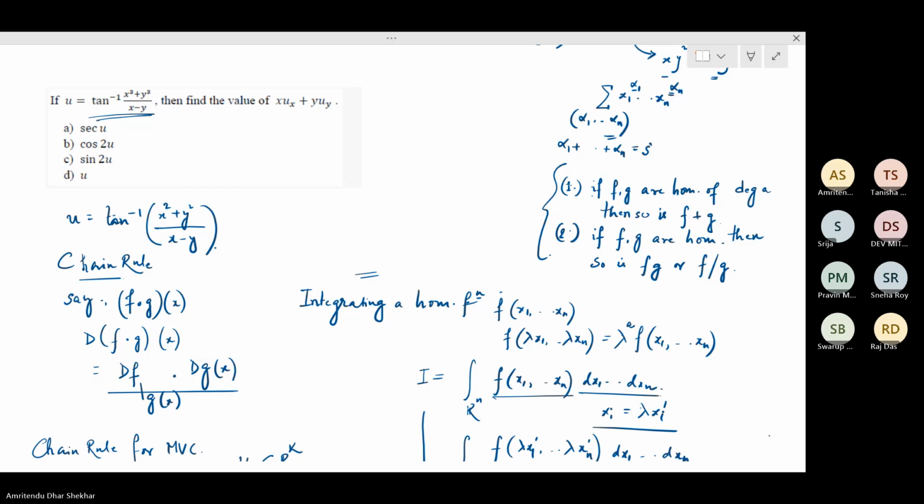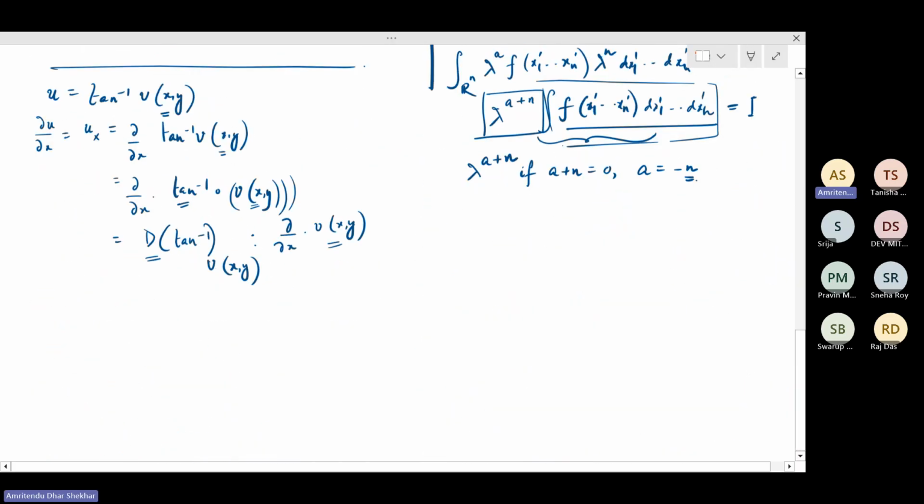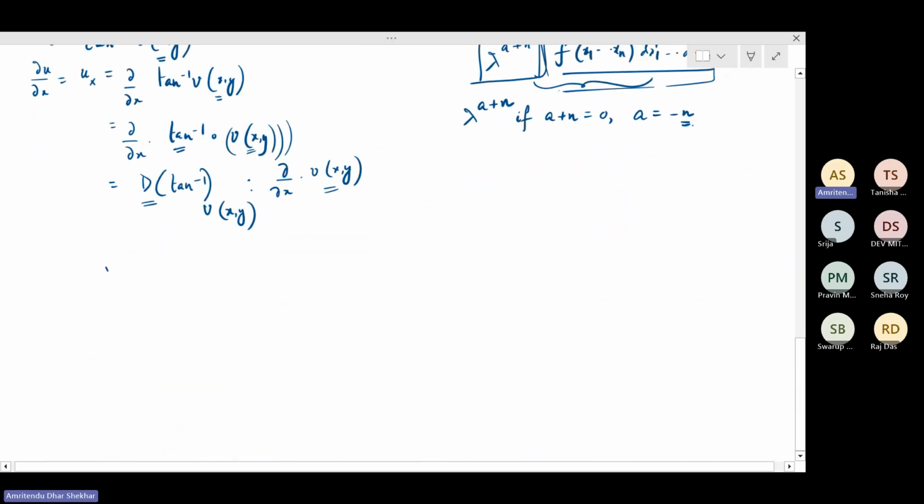To give an example, take the partial derivative of x squared plus y squared divided by x minus y. Let's say this is my v. Then del v upon del x is how I would do the differentiation while thinking that y is constant.